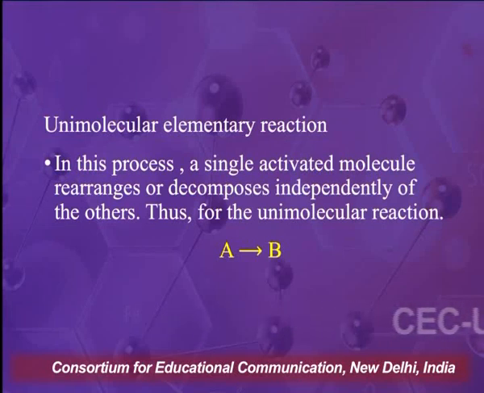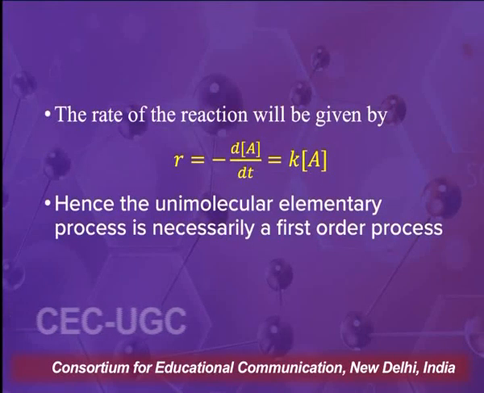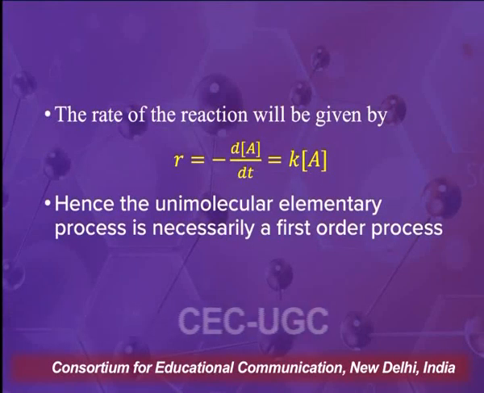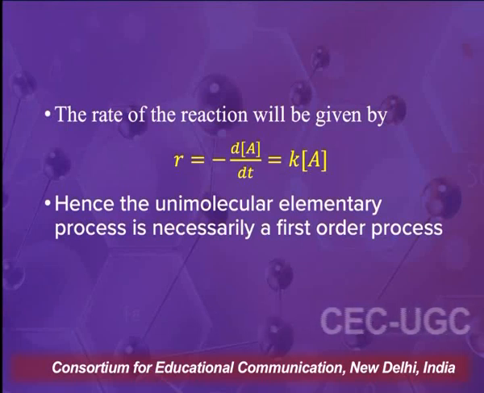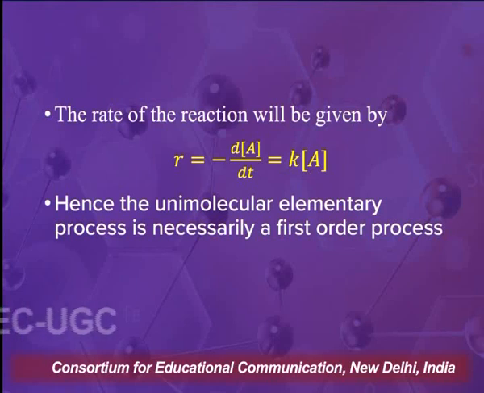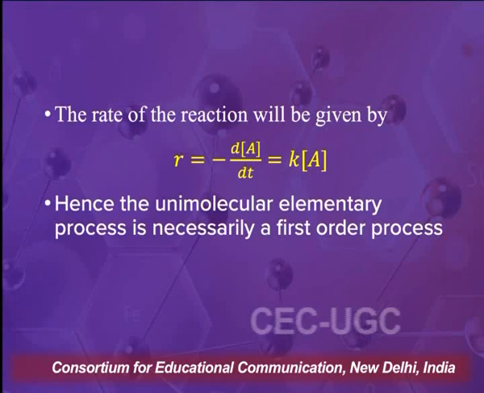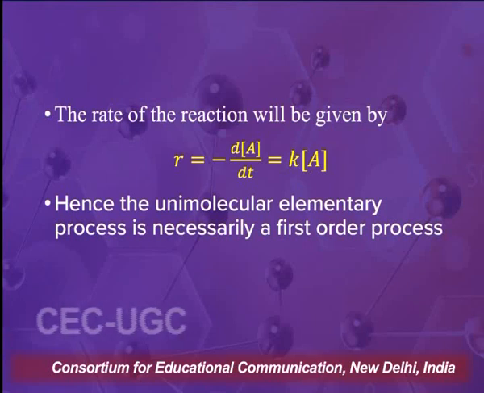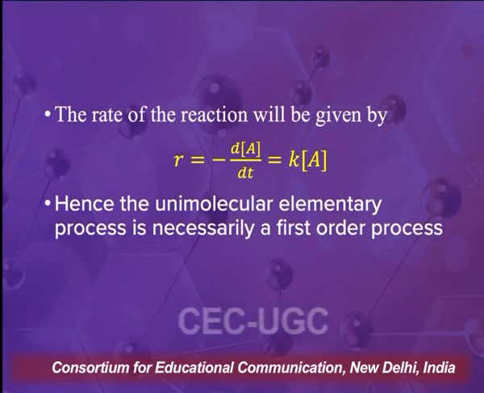Thus, for the unimolecular reaction, the rate of the reaction will be given by rate is equal to minus dA by dt is equal to k into the concentration of A. Hence, the unimolecular elementary process is necessarily a first order process.